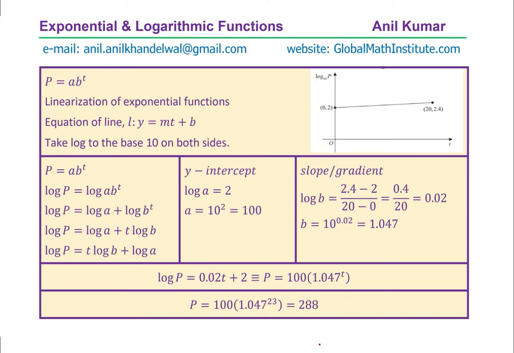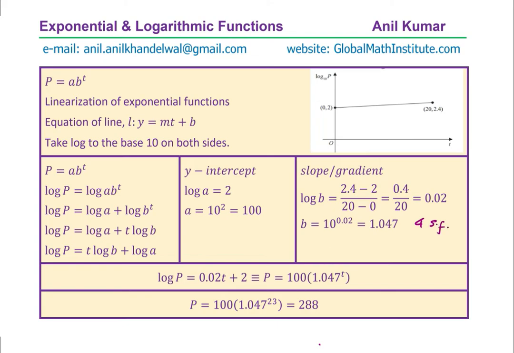We can take log to the base 10 on both the sides. We get log p equals log of a b to the power of t, and doing these calculations, what I just shown, we know that the y-intercept will be log a, which is 2. And so a is 100, 10 to the power of 2. The gradient, we calculated b as 10 to the power of 0.02, which gives you 1.047 to 4 significant figures, right?